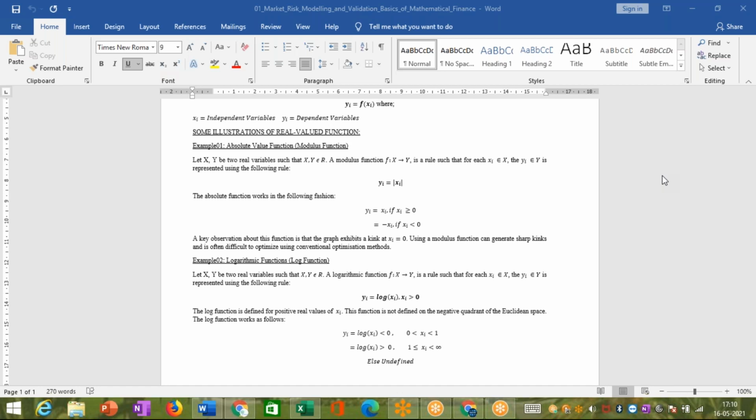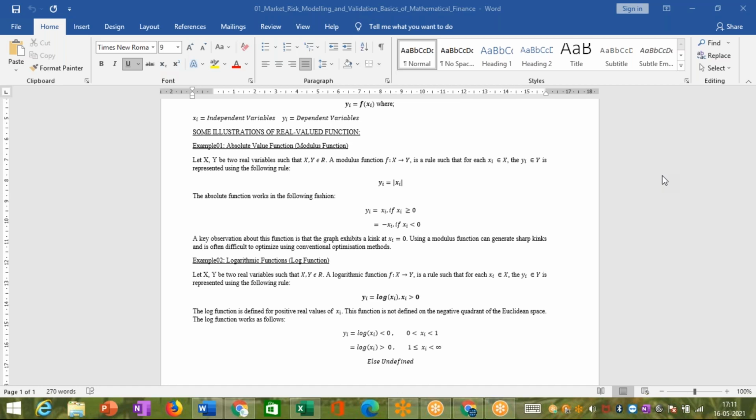So, basically, we started looking into the basics of calculus, right? And as a result, we tried looking into what the key components of the toolkit are that we need.